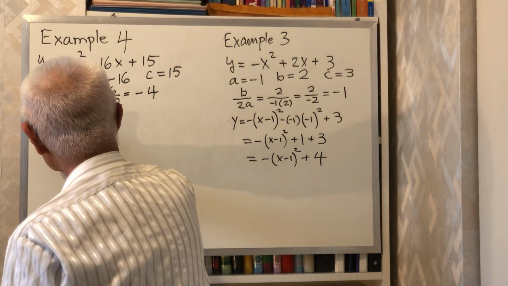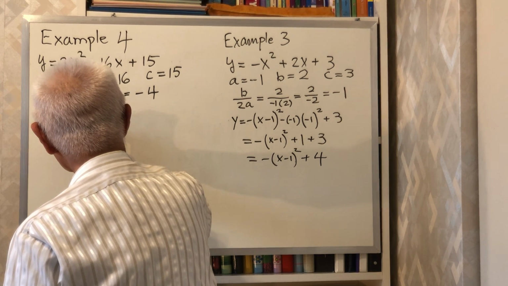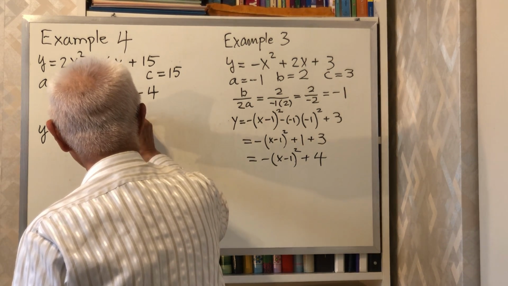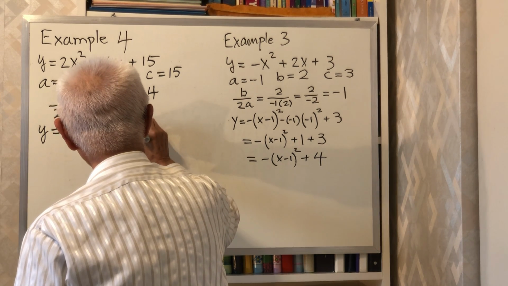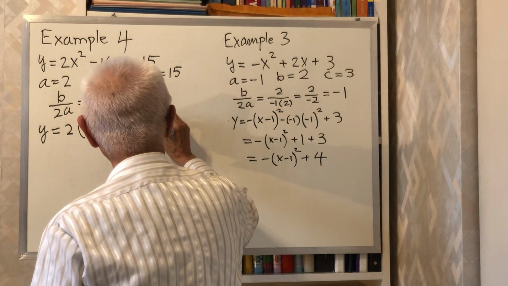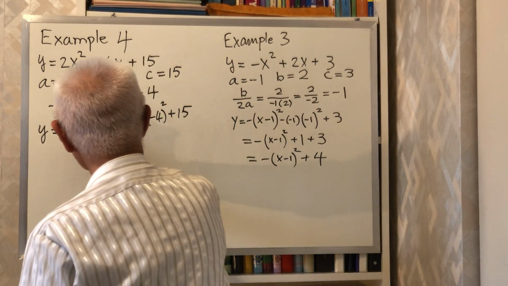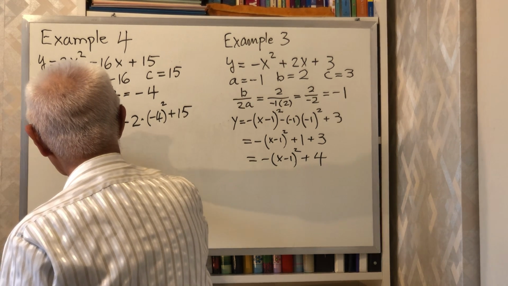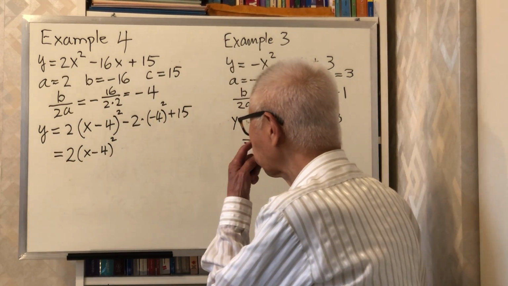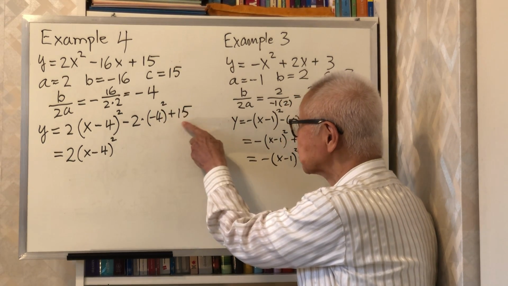So my y is equal to a times x plus b over 2a, which is minus 4, squared, minus a times b over 2a squared, plus c.